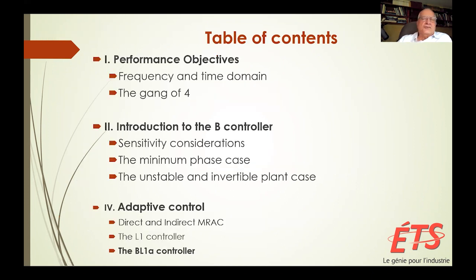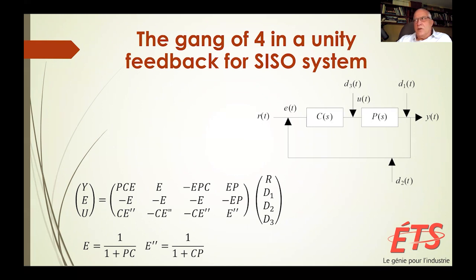So first, I'll just recall some basic performance objectives. Then I introduce the controller, okay? And then I'll go to adaptive control. Remember, just a unity feedback system. P is the plant, C is the controller, R the input, and we have the perturbations D1, D2, D3.